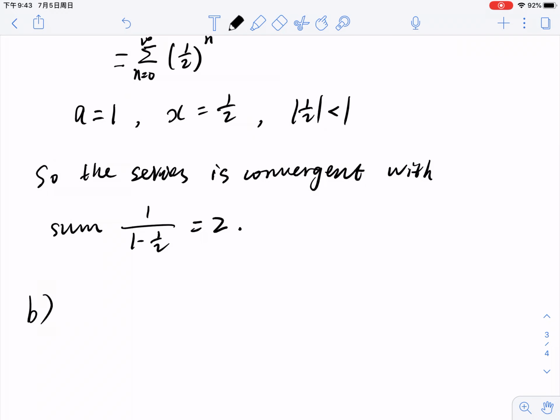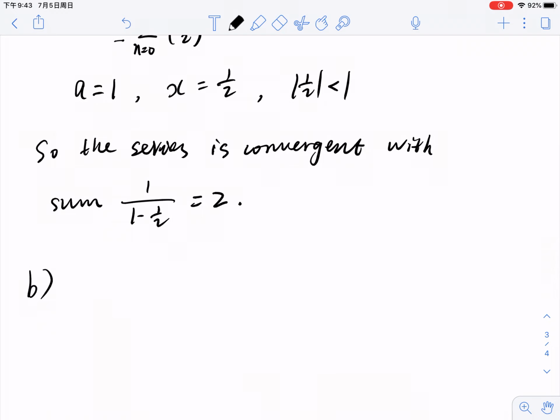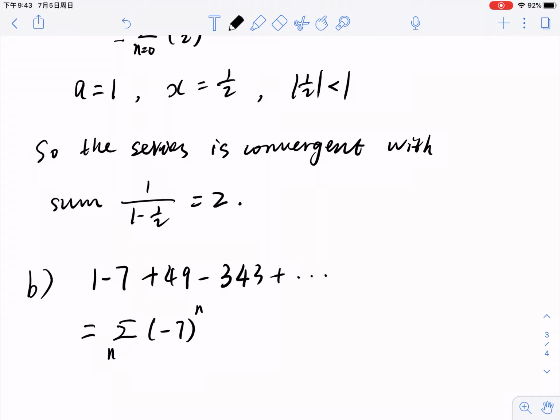Next one is this series: 1 minus 7 plus 49 minus 343 plus and so on. Written using sigma notation, this is negative 7 to the power n, from 0 to infinity.